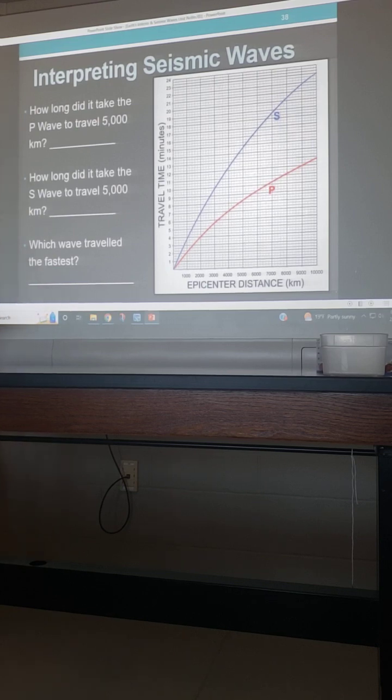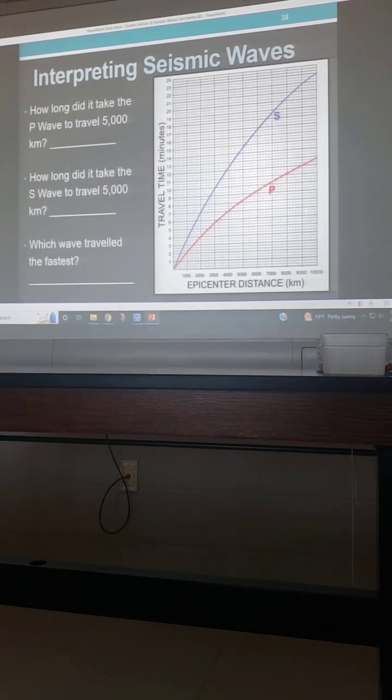So we're looking at 5,000 kilometers, and we're looking at the P wave. I know that your graphs are kind of faint and small, but just follow the process at least.